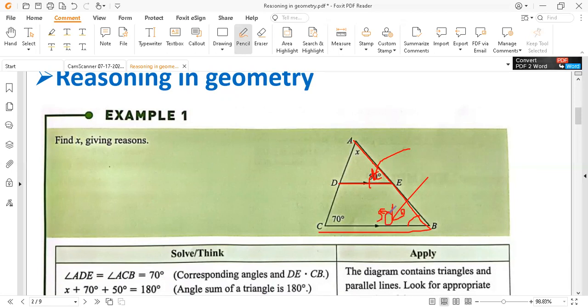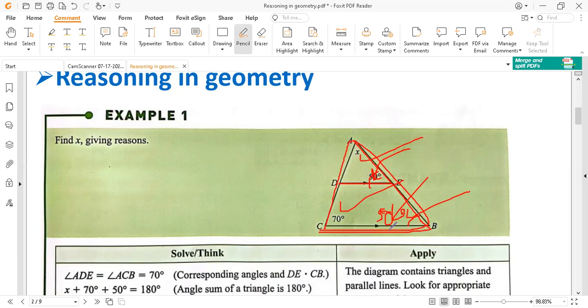Good. If we have a 50 here and a 50 here, and we base our work on the angles of the bigger triangle ACB, we have 50, 70, and the remainder of 180 is x.